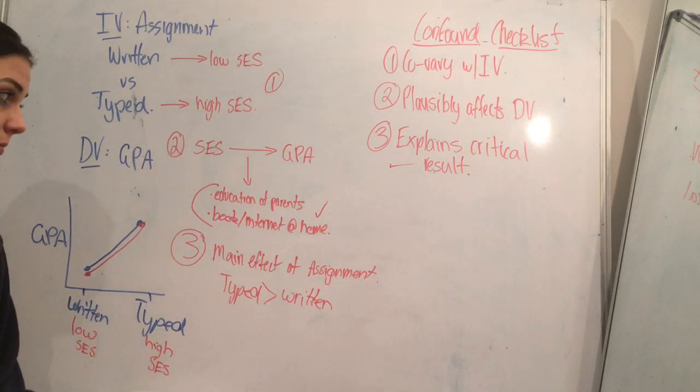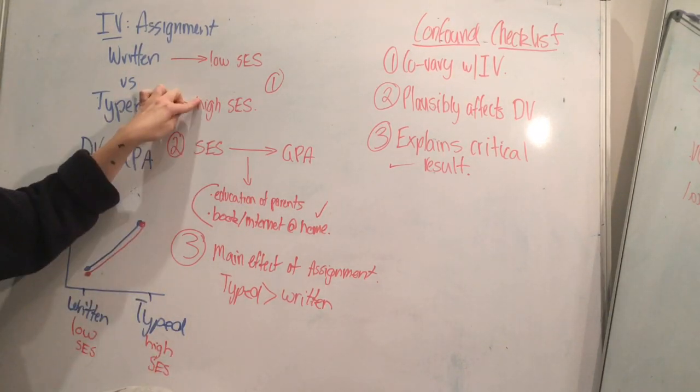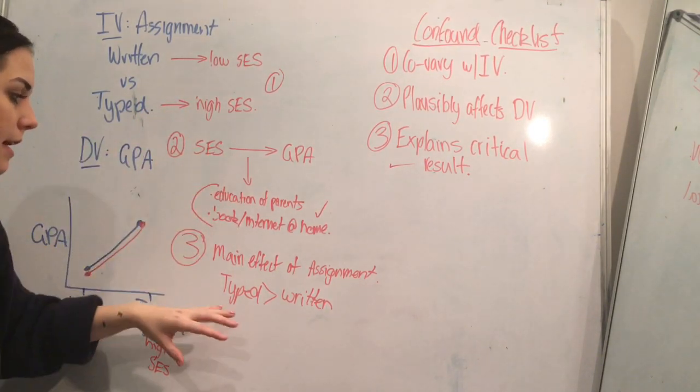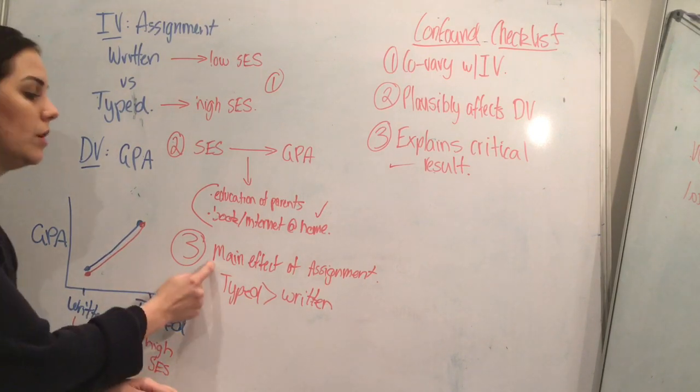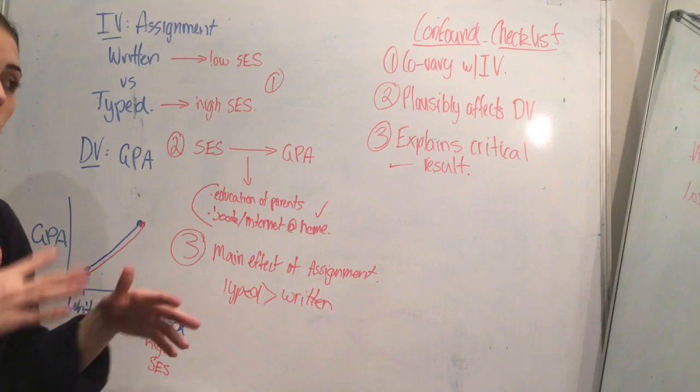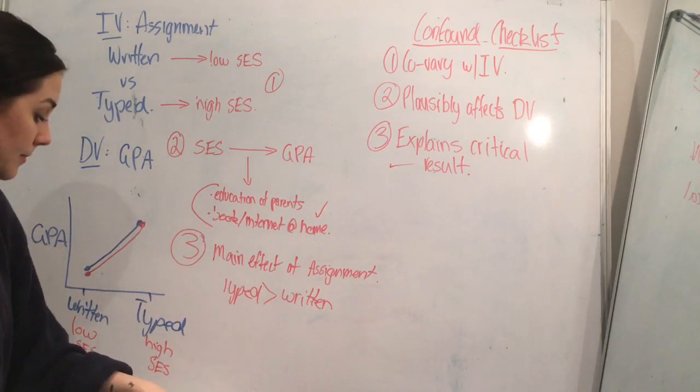And that's it. Covary with IV. How does it affect the DV? What is that relationship? And then, how does it account for the critical result? The main effect of this could be explained by SES. And that's it.